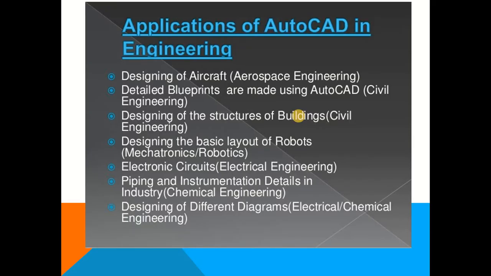Also, the application of AutoCAD in engineering: designing of aircraft, aerospace engineering, detailed blueprints are made using AutoCAD, civil engineering, civil structures, and designing of the structures of the building, designing of the basic layouts of robots in mechatronics and robotics, electronic circuits are made by electrical engineers, piping and instrumentation details in industry, that is in chemical engineering, and also the designing of the different diagrams in electrical and chemical engineering.